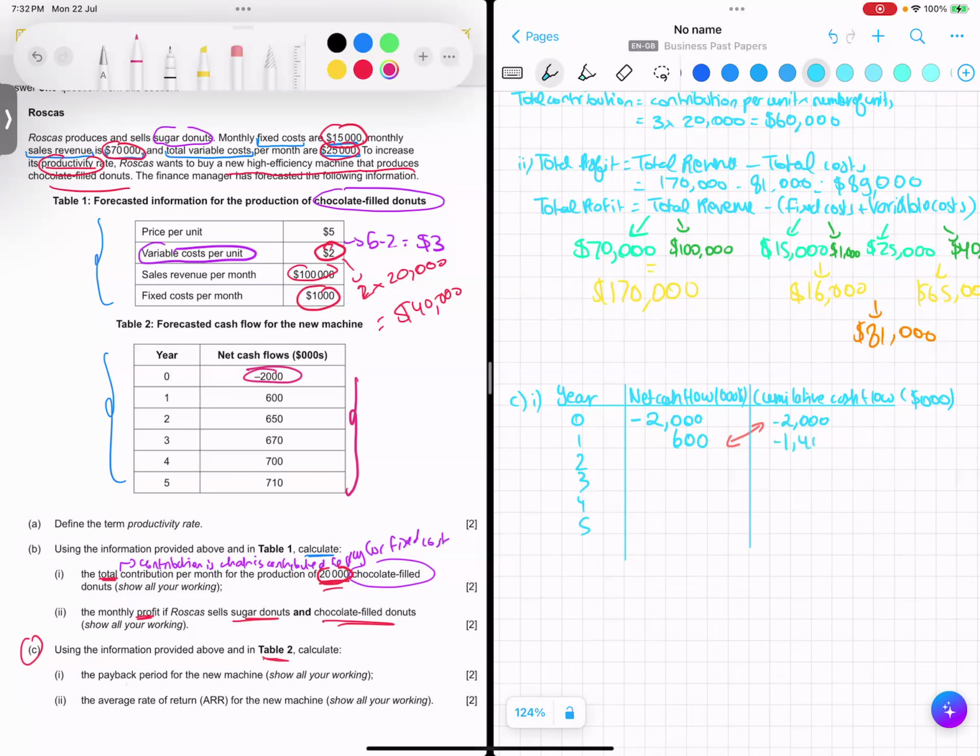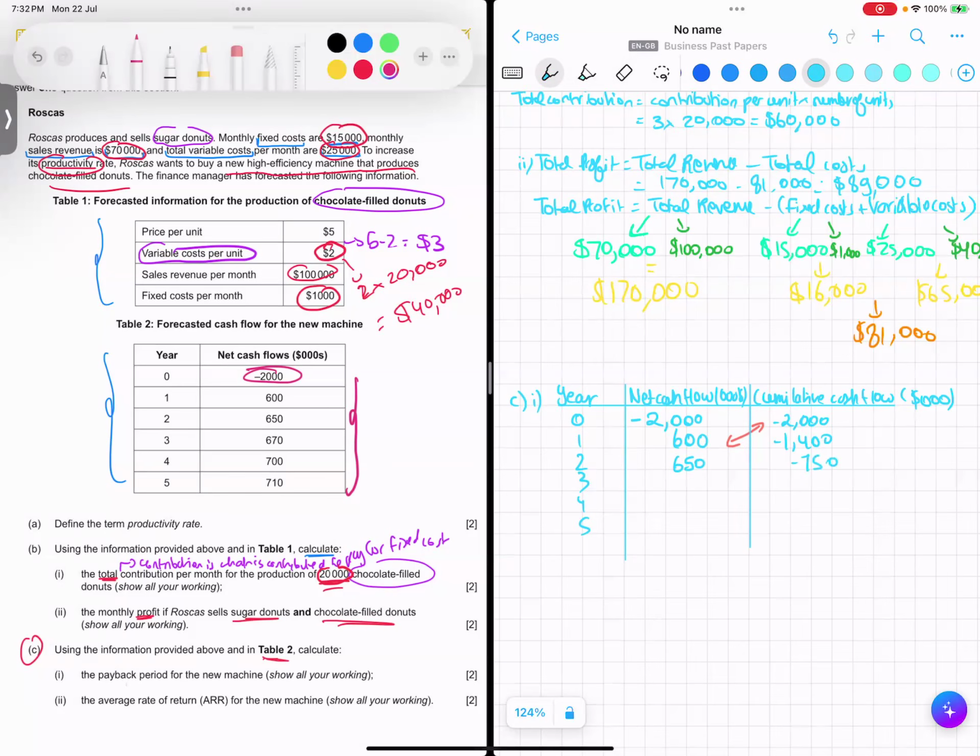minus 1,400. See, you added the 600 because now Roscos already had made 600,000 from this machine that they just bought, okay? Then the year after they made 650,000, okay? So then they have minus 750 now.